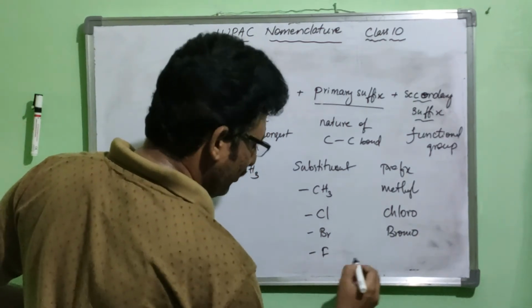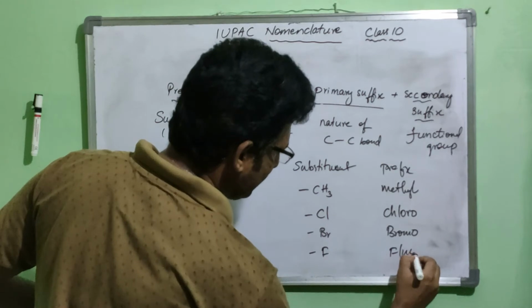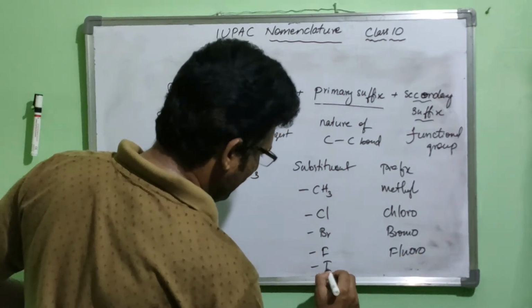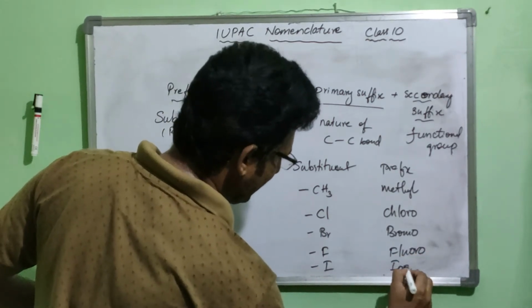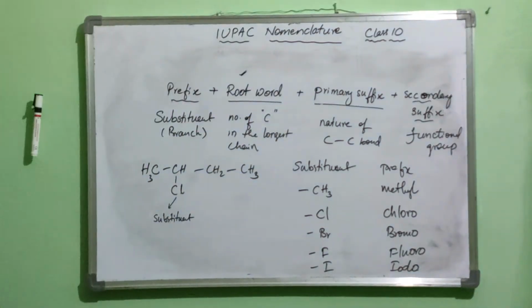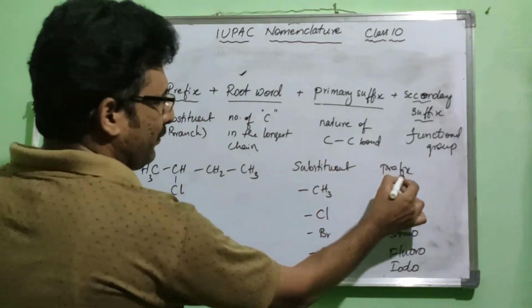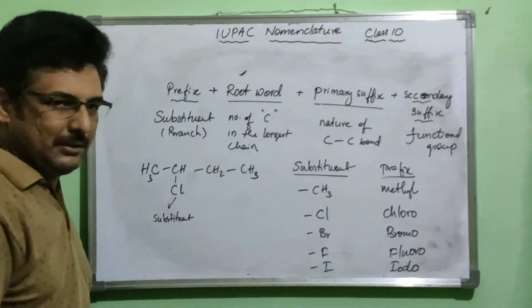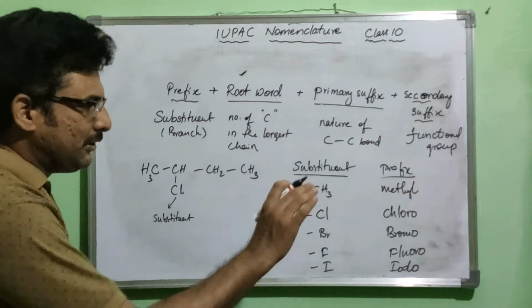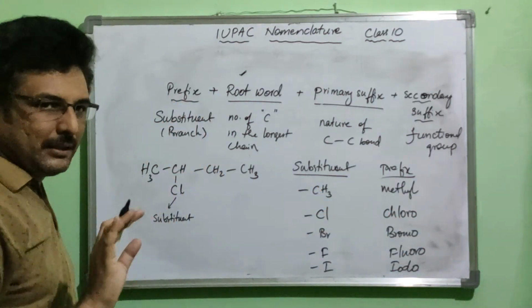If fluorine comes, you will write fluoro. And if iodine comes, you will write iodo. Like this you are going to write the prefix if there is a substituent. If there is no substituent, you are not going to write the prefix.